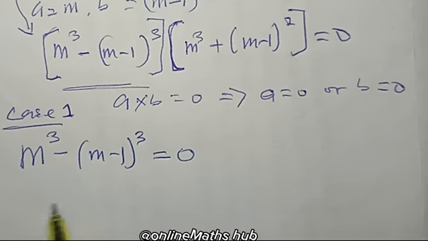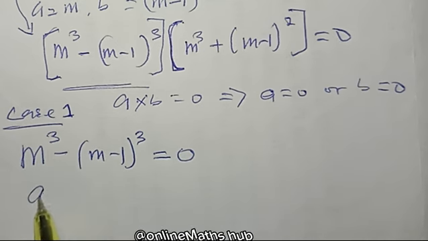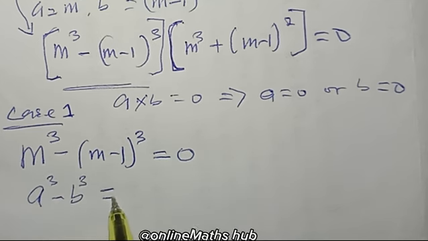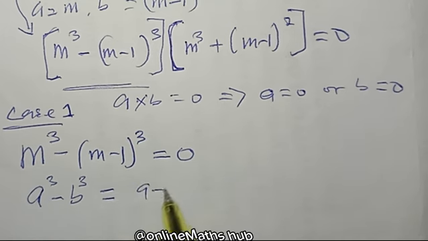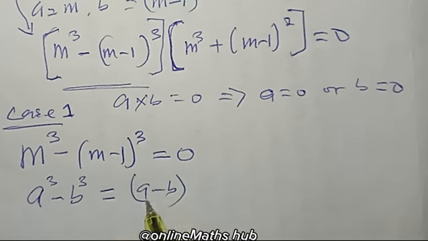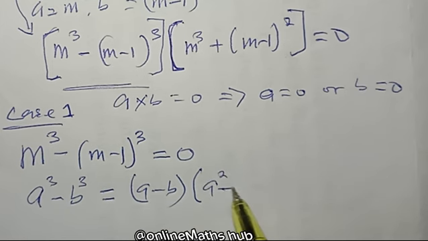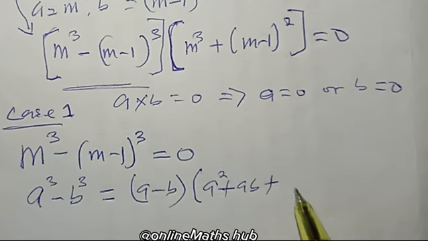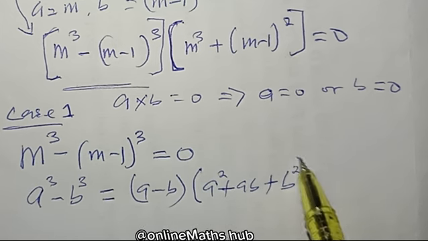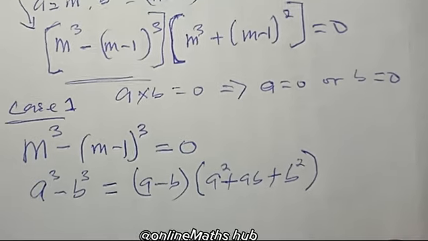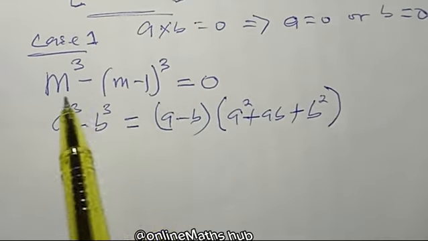Remember that a power 3 minus b power 3, if you expand, gives you (a minus b) multiplied by (a squared plus ab plus b squared). I'm going to use this expansion to simplify what I have here.